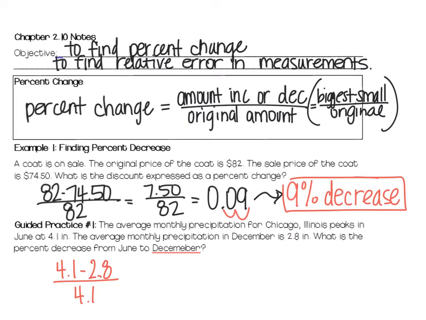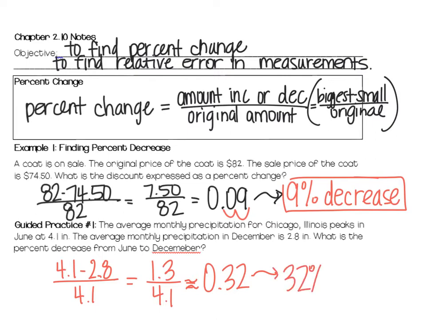Okay, 4.1 minus 2.8 is 1.3. If you divide that by 4.1, you get 0.32. And I'm going to change that to approximately equal to because I had to round, which is going to give me 32% decrease.